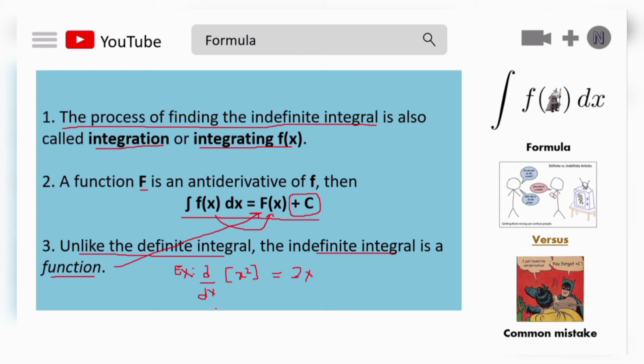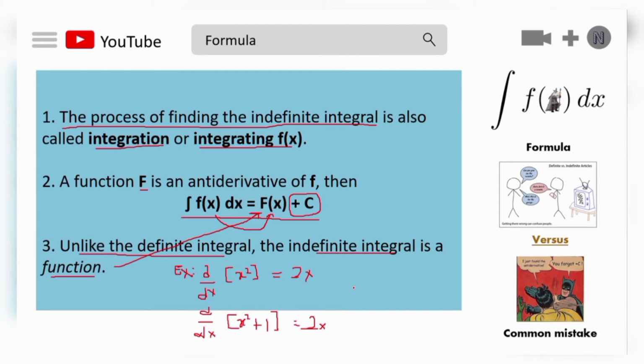And when we have d over dx of x squared plus 1, we also get 2x, right?